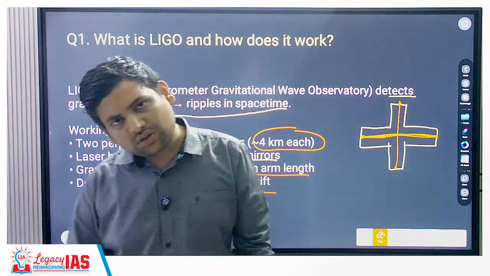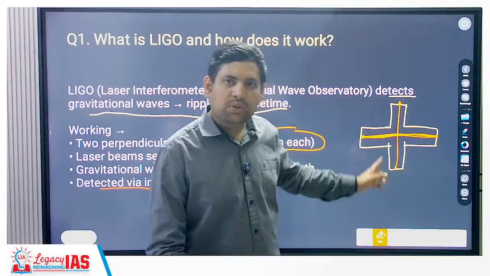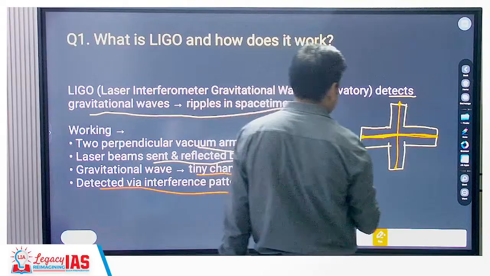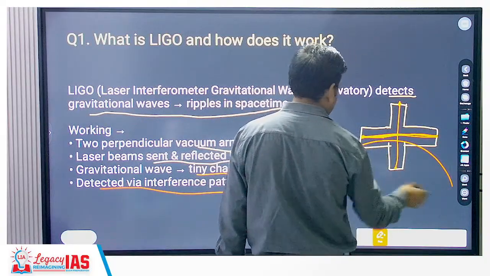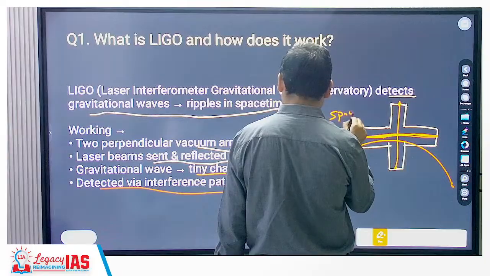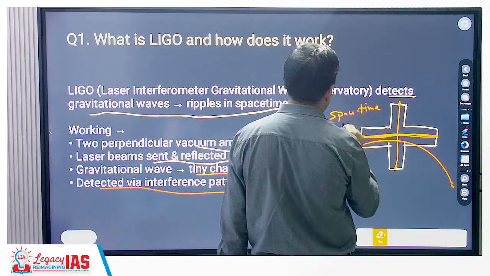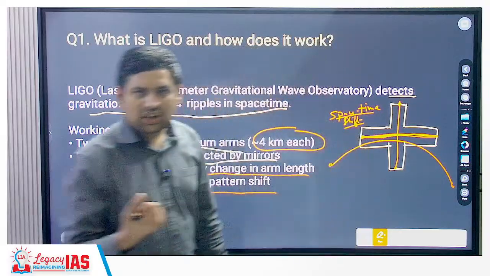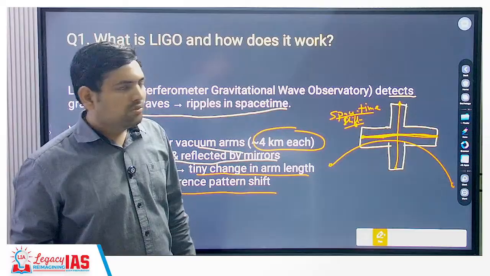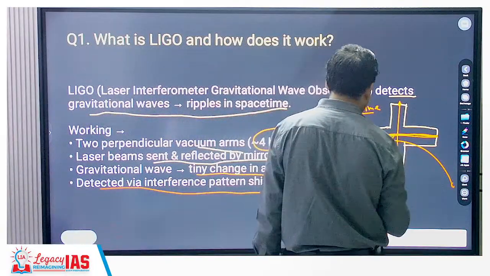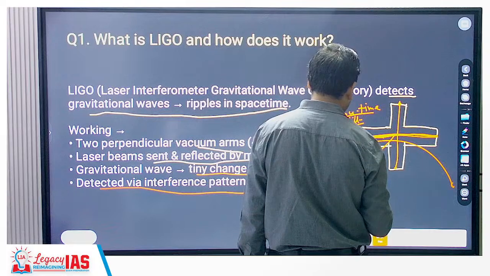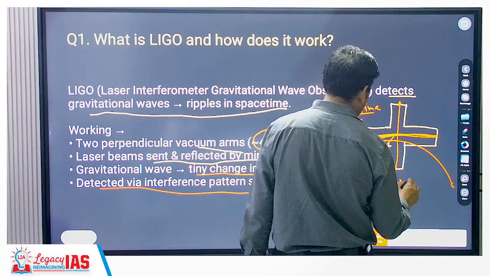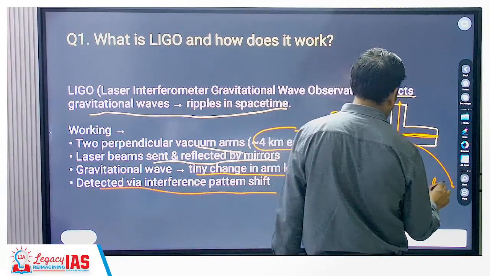But what was observed is that when you try to do interference over a very long length, because of something known as space-time shift, or space-time curvature, or gravitational force acting on it, it was found that the interference will have some phase difference developed.